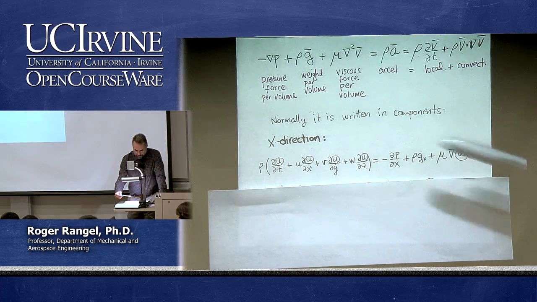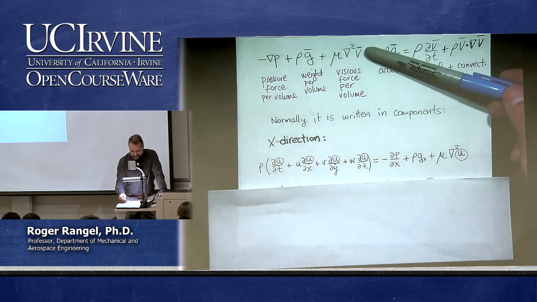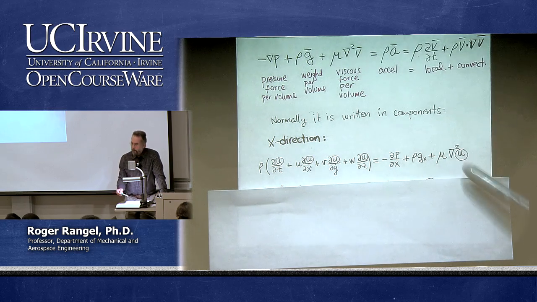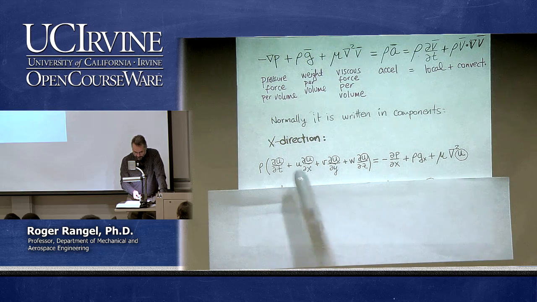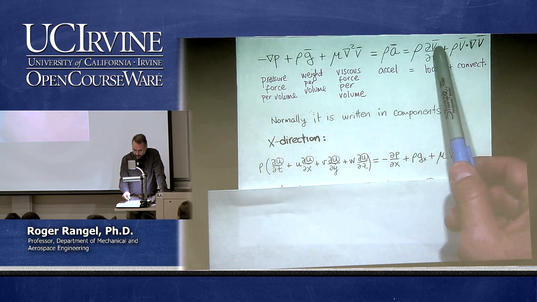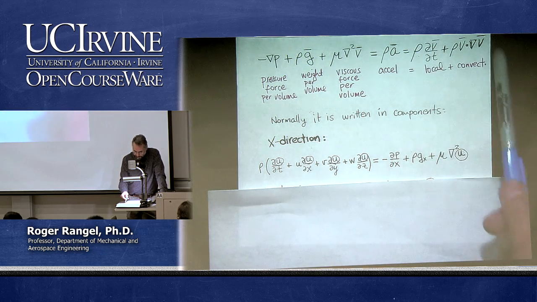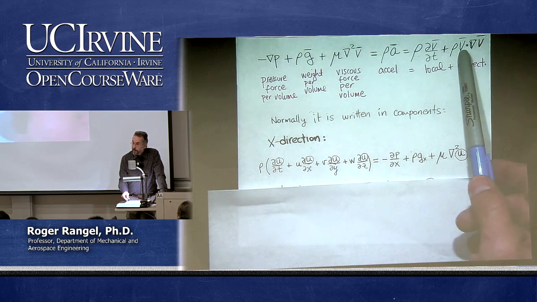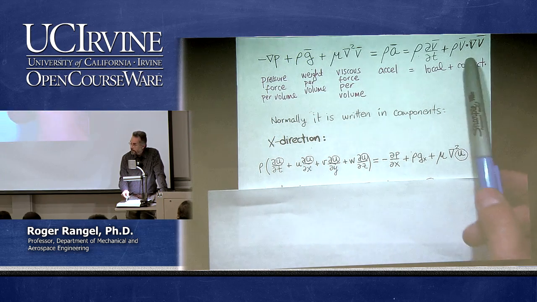So notice that what I did is I replaced the velocity as a vector in the equation with the component u. And I circled it in red so that you could see exactly where I made the substitutions. Wherever a vector v appeared, I replaced it with a u. Of course, you have to be careful with the convective acceleration because that's a little bit different.